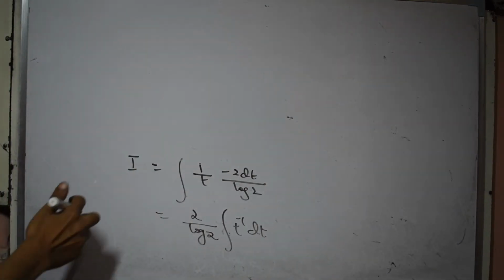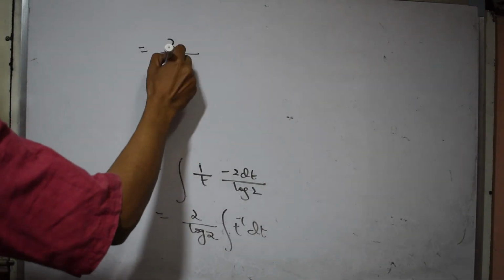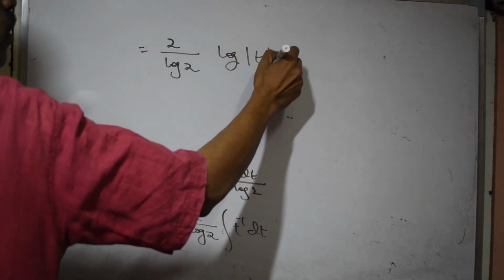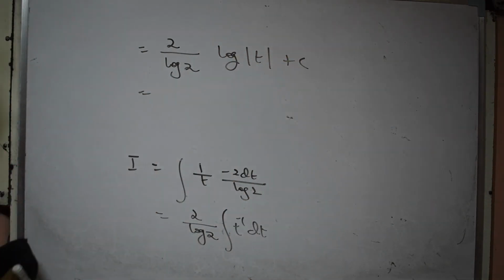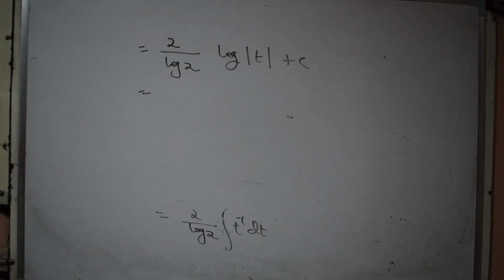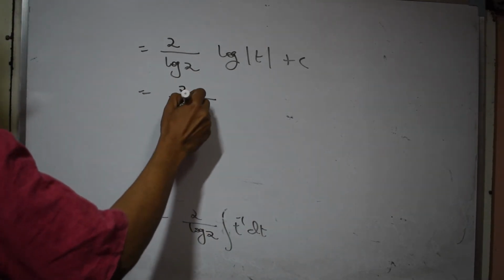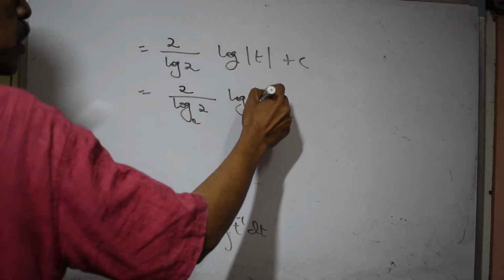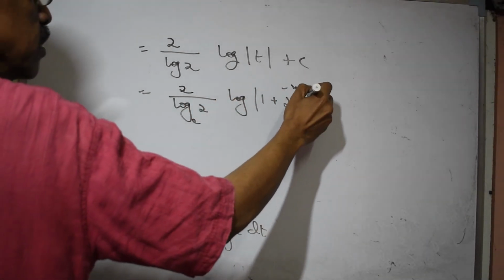So minus 2 by log 2 into log t plus c. And now you put the value of t, and log is base e always. So this is the answer for this question.